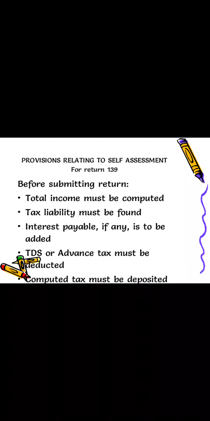Then last, computed tax must be deposited. The remaining balance is called tax payable by the assessee, which should be deposited to the income tax department online.